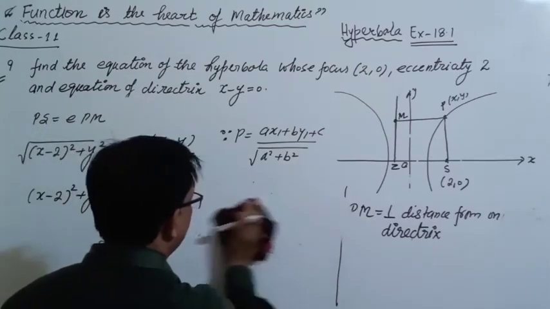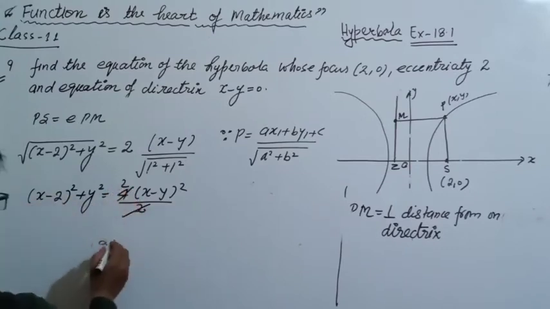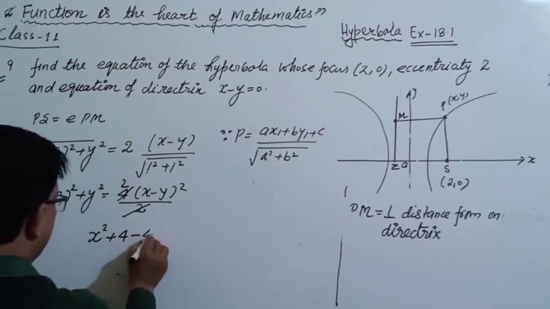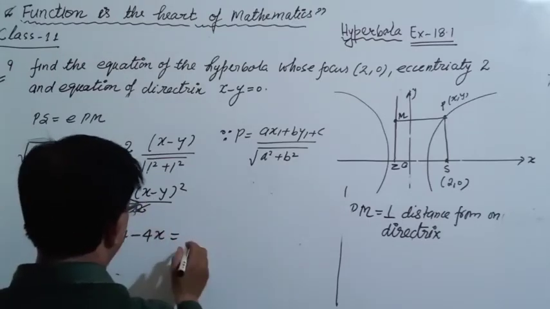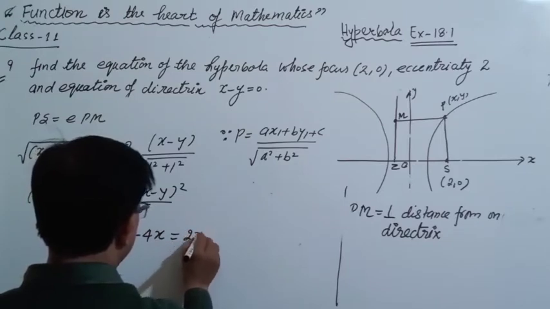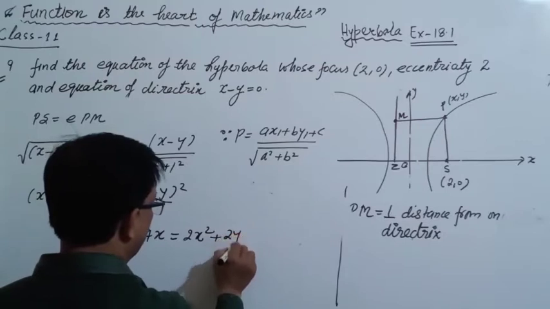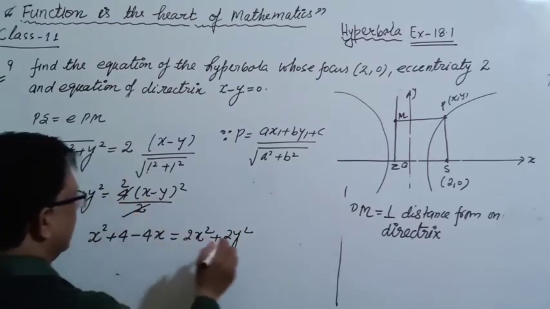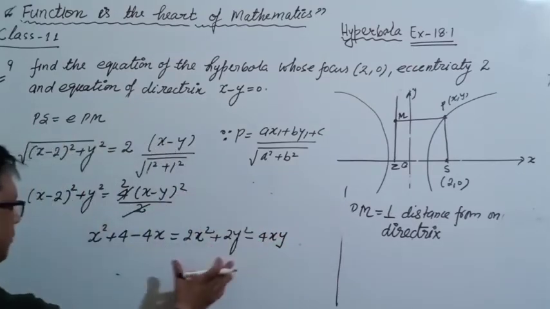Now students, this 2 and 2 cancel. We open the bracket. This is x square plus 4 minus 4x is equal to x square multiplied by 2, this is 2x square, y square multiplied by 2, this is 2y square, and minus 2xy multiplied by 2, this is minus 4xy. Now we simplify this.